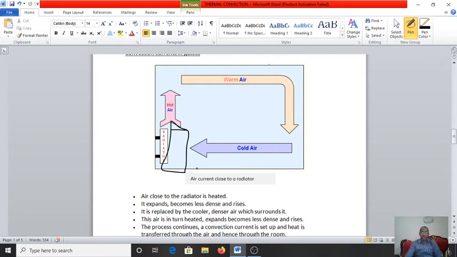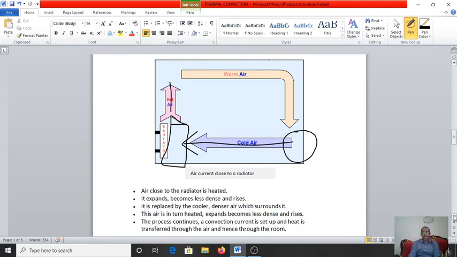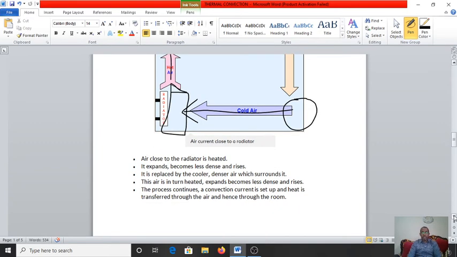It rises, you see. So you see this arrow showing the hot air rising. Then the cold air, which was this side, will move in to cover this gap, that vacuum created by the rising hot air. This will create a convection current, and the air will circulate and heat up the room uniformly. This is a convection current.